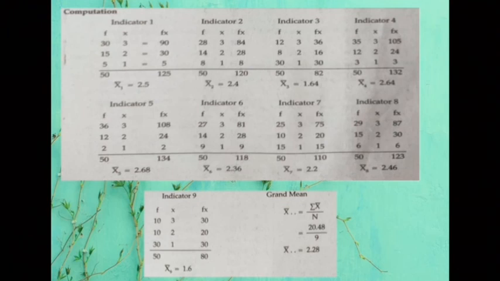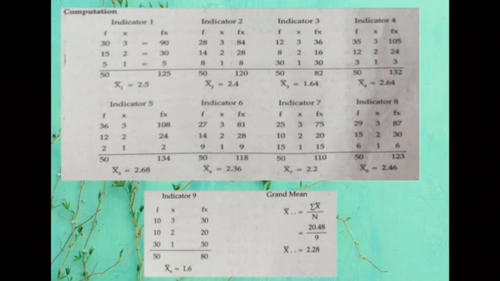Here n is the number of indicators. So it is the sum of the weighted means divided by the number of cases.